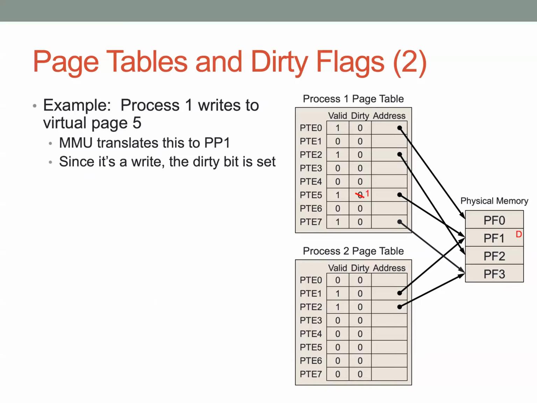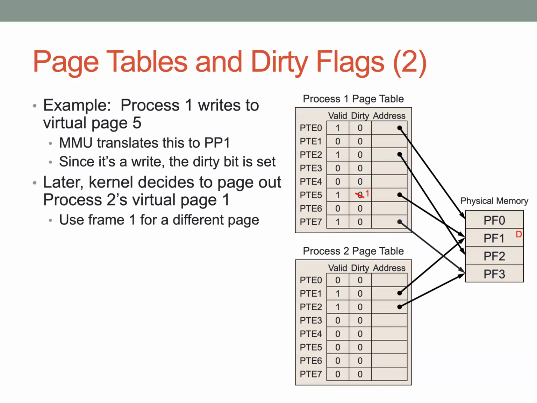Okay, so process 1 writes to virtual page 5, so we get an update. You'll notice there's a little D now on the right array of page frames because it is now dirty. And the dirty bit on PTE 5 in process 1 is set, but process 2 doesn't actually have it marked as dirty. The MMU is not clever enough to know what all the page tables are that the operating system has maintained. So this is something the OS has to deal with.